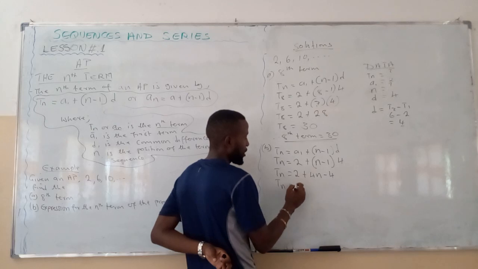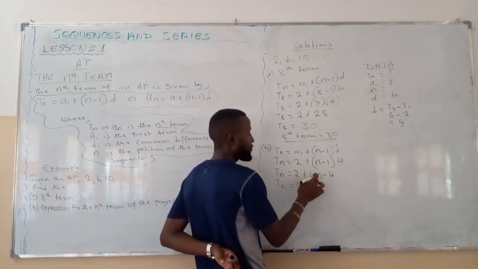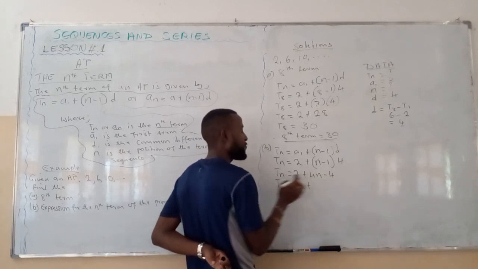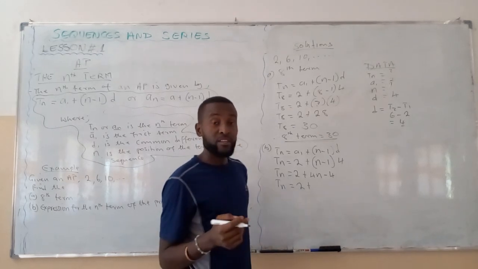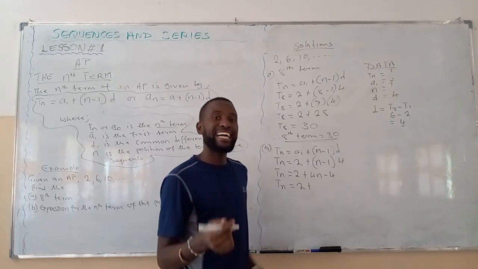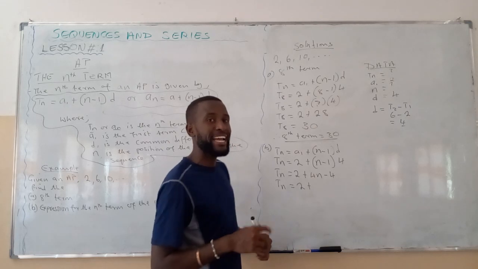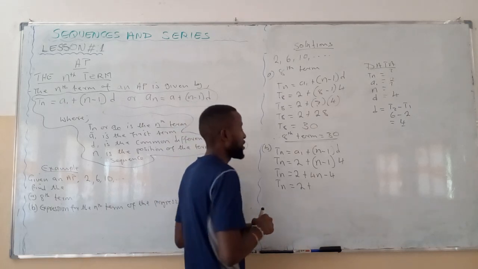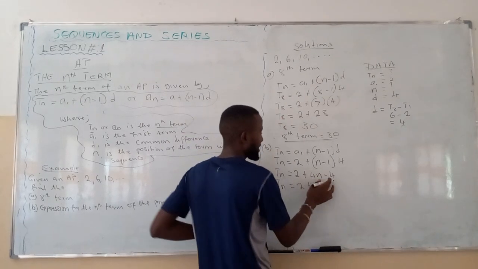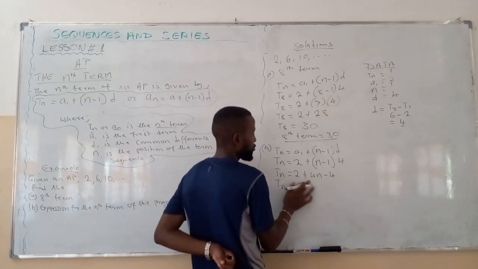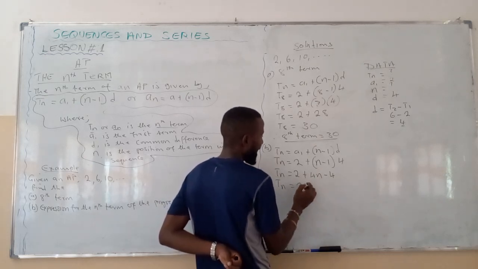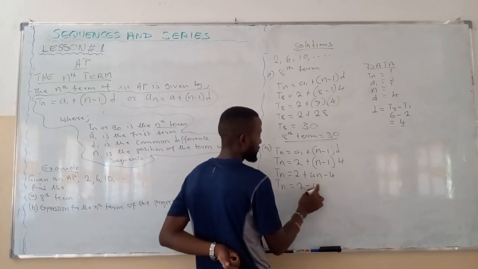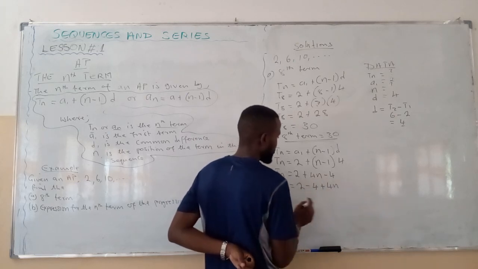Tn is equal to 2 plus, what is 4n minus 4? What is the answer? Of course, you cannot subtract or add unlike terms according to our algebraic rules. Okay, so in this scenario, we are just going to collect the like terms, which of course it will be 2 minus 4 plus 4n.